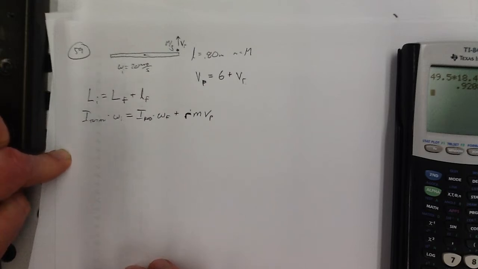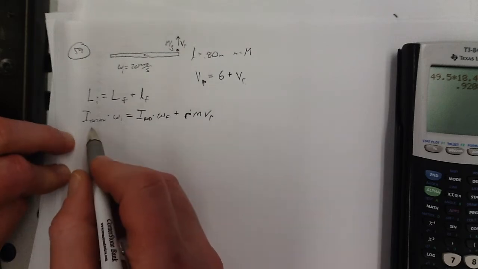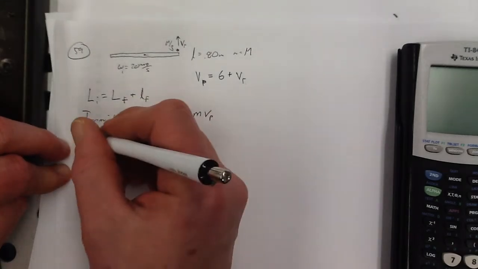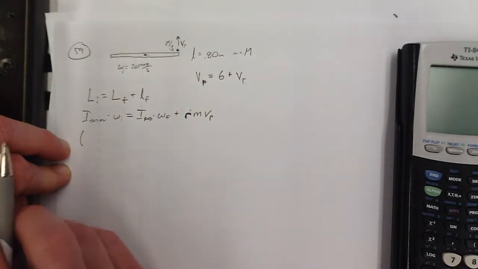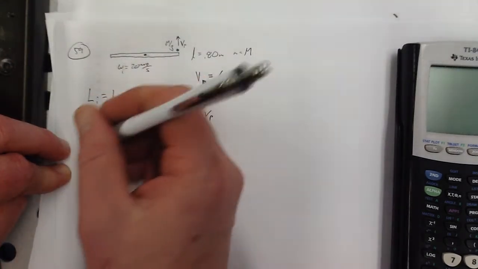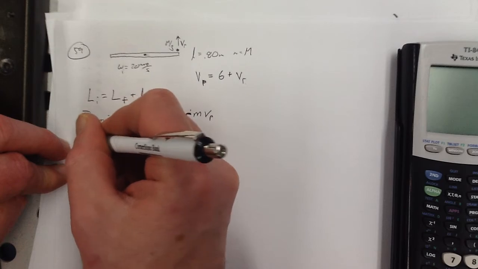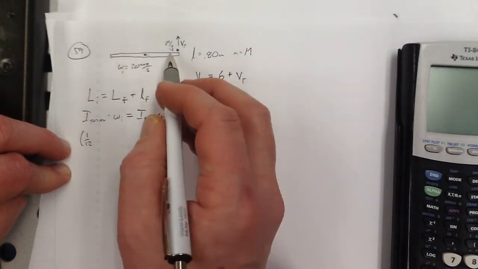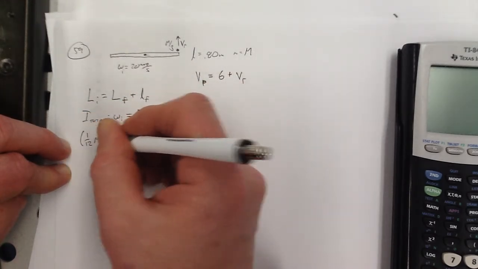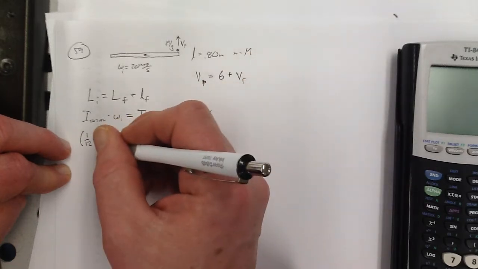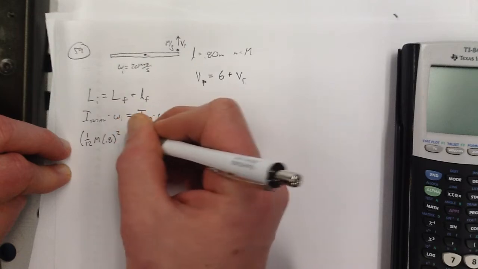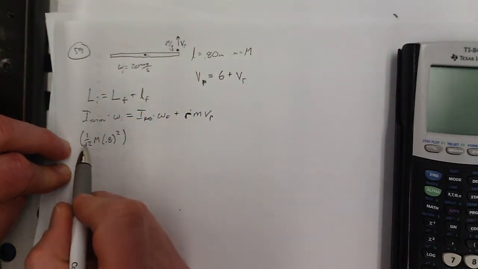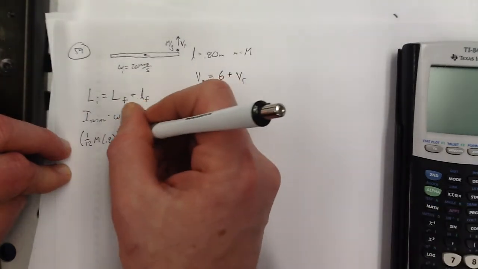All right. So, time to start carefully plugging some things in. What is the I total? Well, the I total, this is a rod about its center. The rotational inertia of a rod about its center, that's one that we're supposed to know. 1/12. Mass of the rod is m. The length of the rod is 0.8. Square that. 1/12 m. Oh, we need the I total.